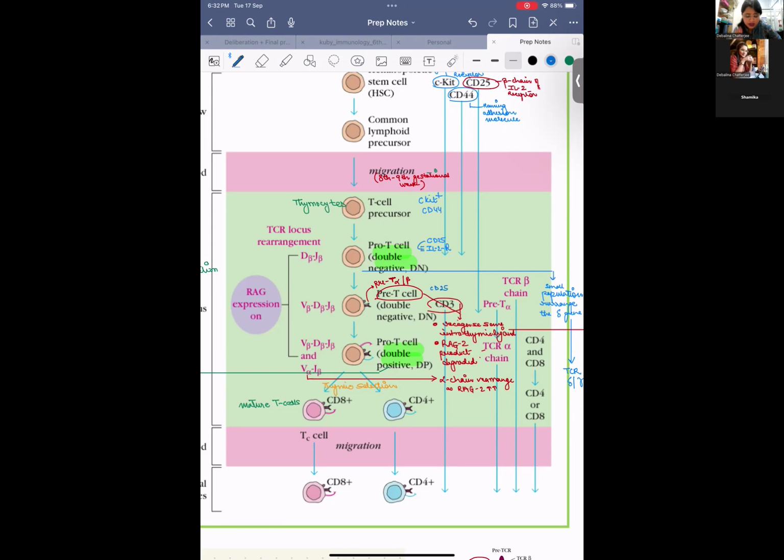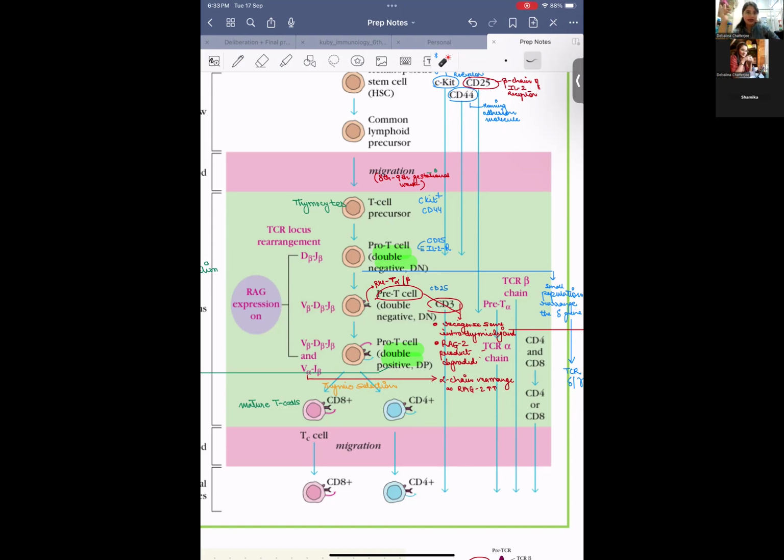So now the pre-T cell also undergoes the joining of V region of the beta chain. So V beta joins to DJ segment, which means that now this pre-T cell has a fully rearranged beta chain of your TCR.